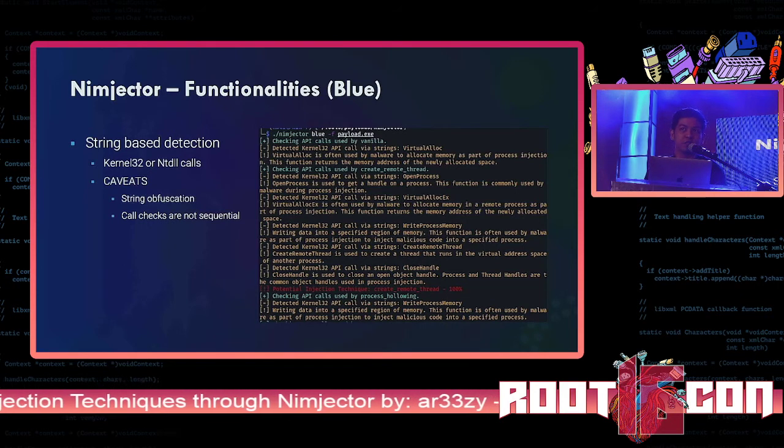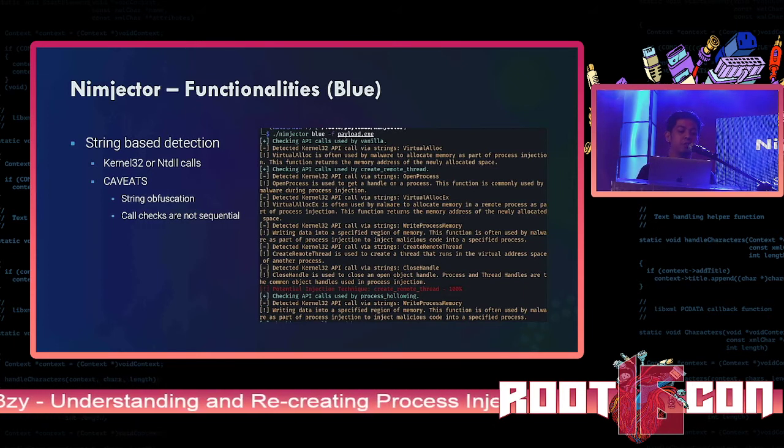First, it's just a string-based detection. Not every binary is being packed or obfuscated, so it's still useful if you want a quick, dirty check if there are suspicious API calls written inside the binary.